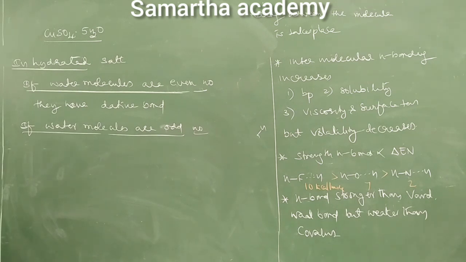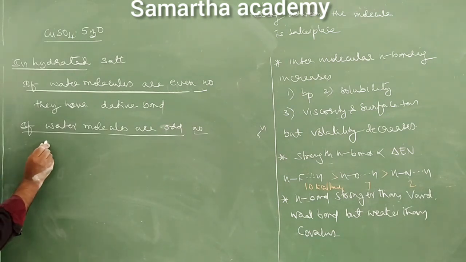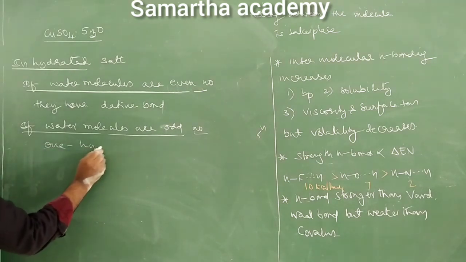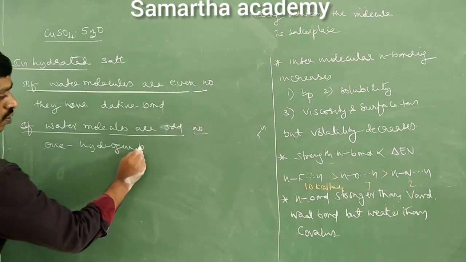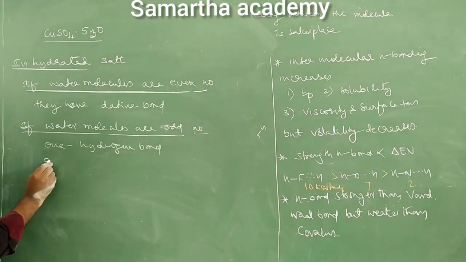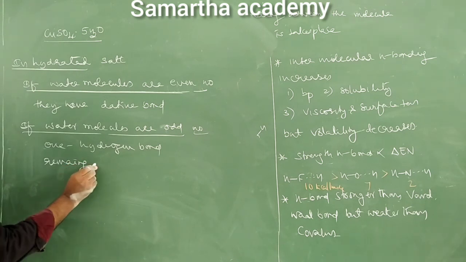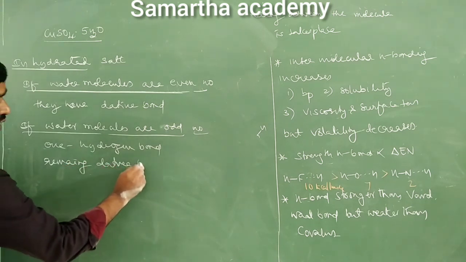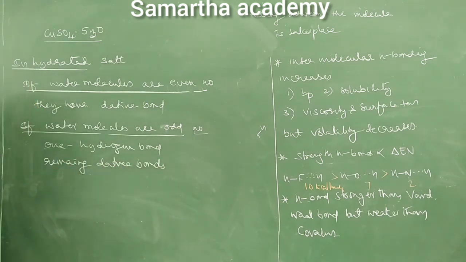One water molecule has hydrated anion, it means one hydrogen bond, right? There is one hydrogen bond, remaining all are coordinate bond or dative bond. One hydrogen bond, remaining dative bonds. Now based on this concept, I repeat once again carefully.